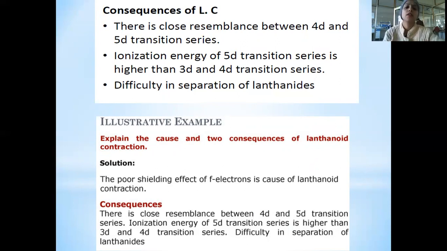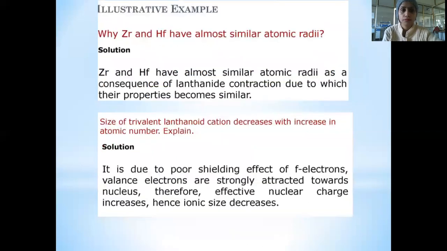Now, an example question: explain the cause and two consequences of lanthanide contraction. So the cause is the poor shielding effect of the f electrons, and the consequences are the close resemblance between the 4D and 5D series, and also ionization energy is higher in the case of 5D as compared to 3D and 4D, and that is why there is difficulty in separation.